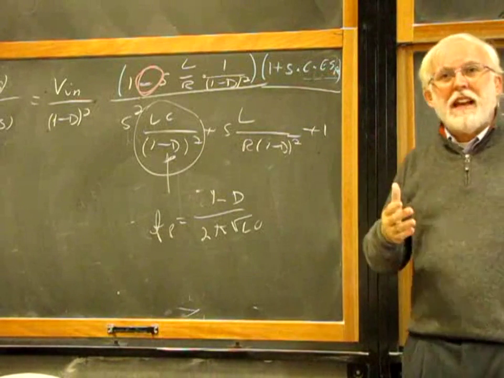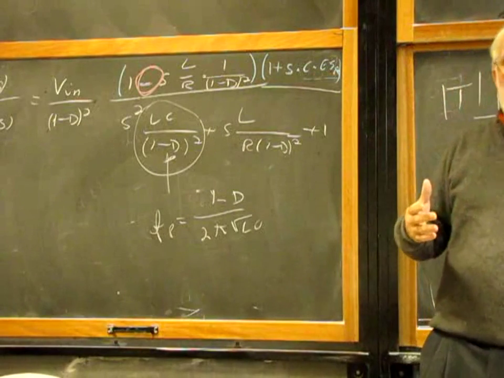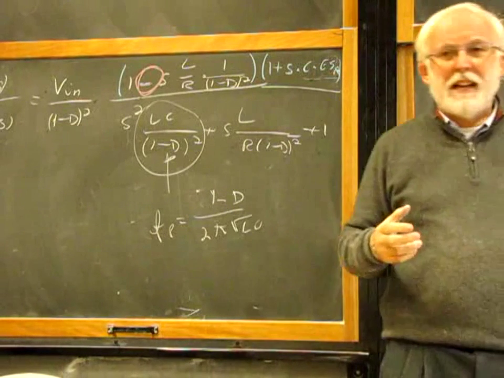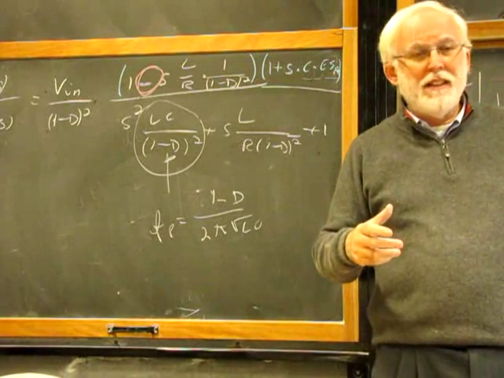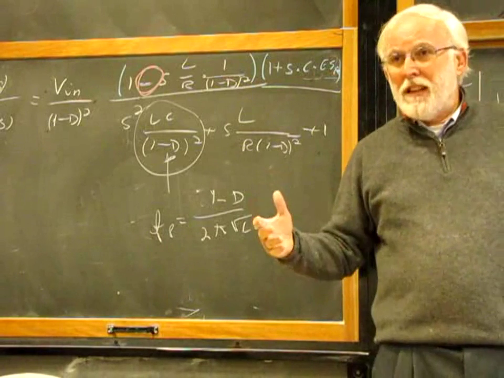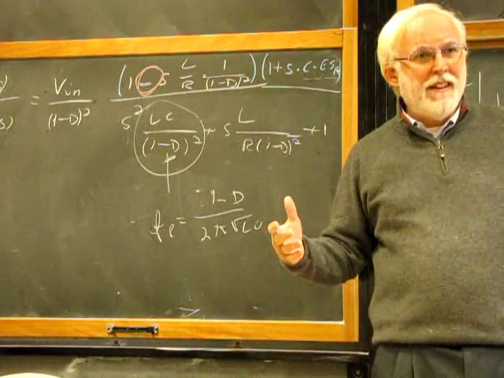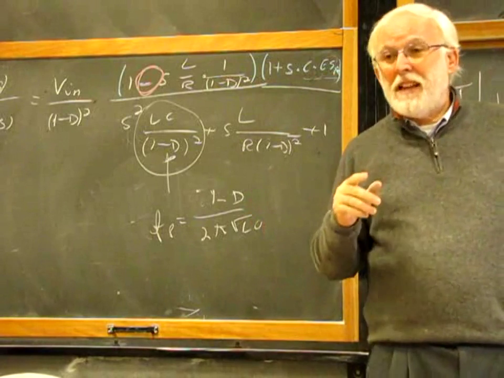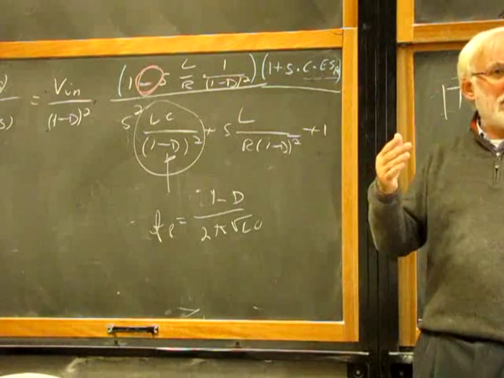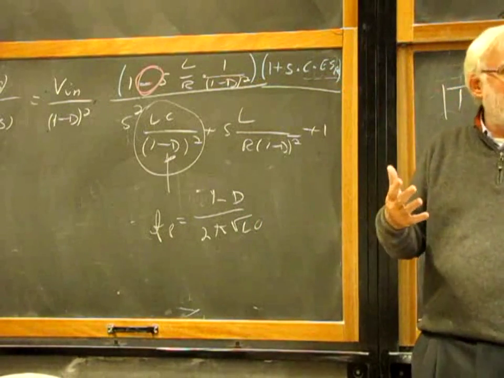But if you change just the manufacturer of your capacitor, instead of, let's say, 220 microfarads, you get another 220 microfarads, better quality, your left half plane 0 due to the ESR goes up in frequency, by a factor of 3, 5.